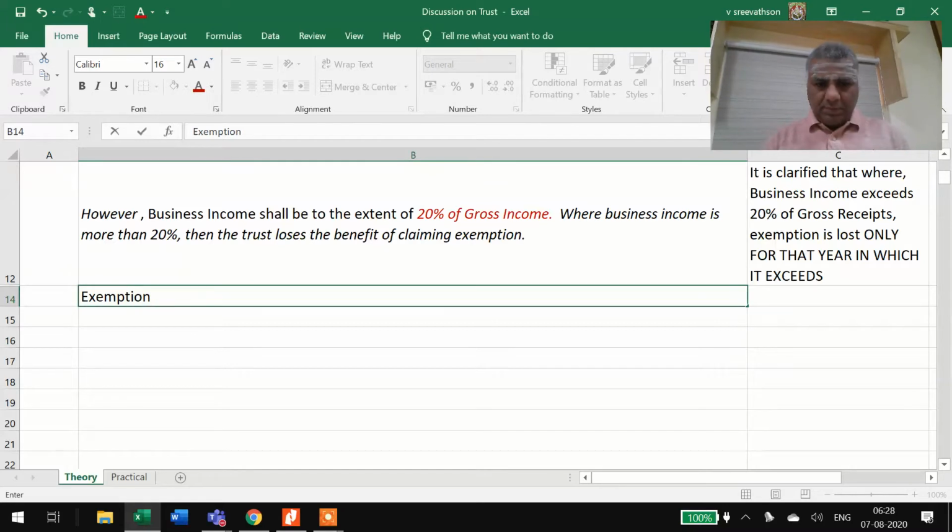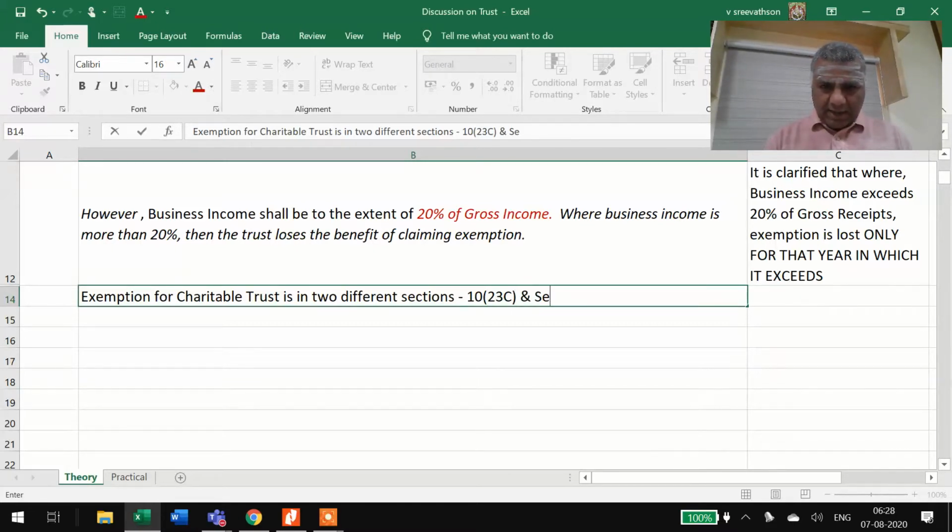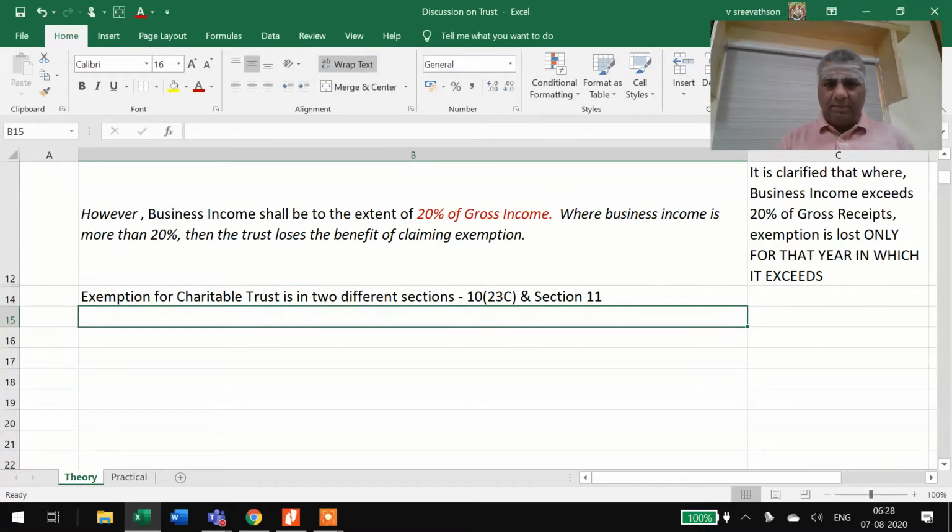Exemption for charitable trust is in two different sections: section 10(23C) and section 11.